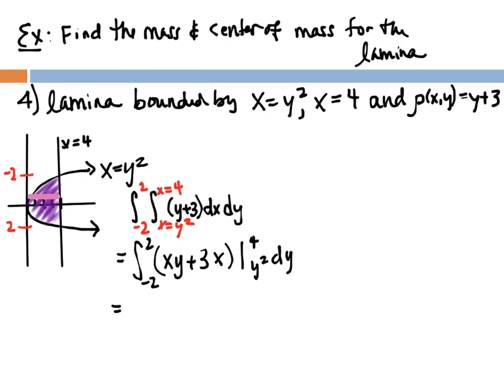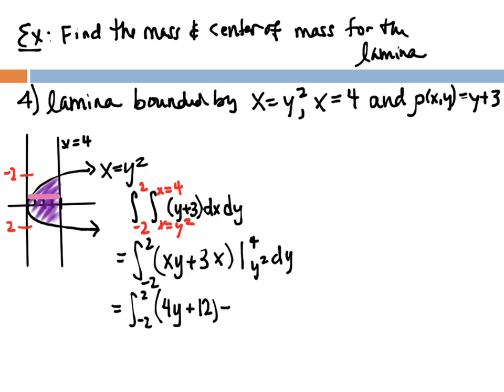So when I plug in these values one at a time, I'm going to get 4y plus 12.